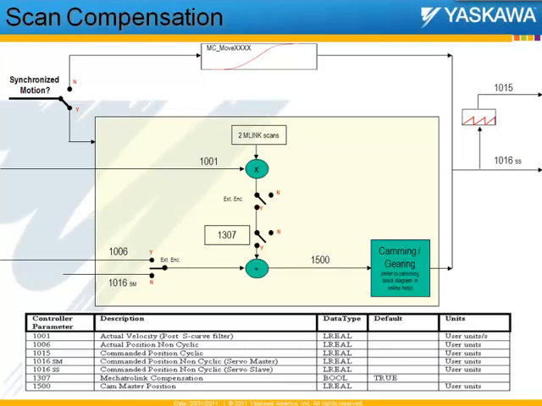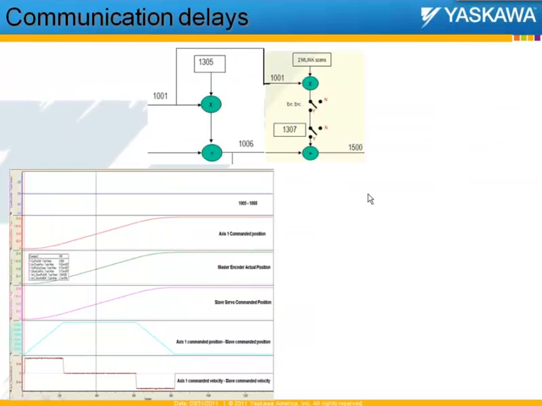The effect of this forward compensation can be seen here. I put these two block diagrams together, and the effect of 1305, which is the external encoder compensation, and 1307, which is a forward compensation on the controller command going down into the servo pack, can be seen in this figure.